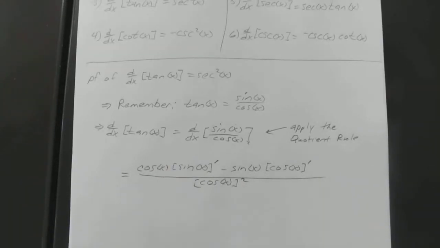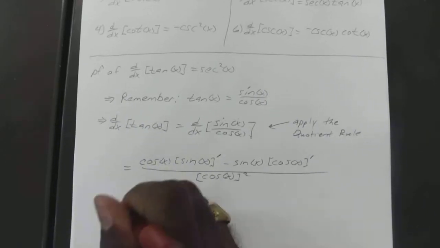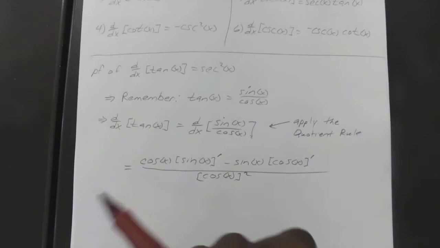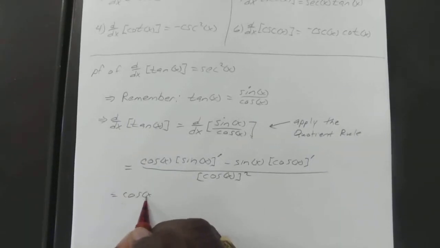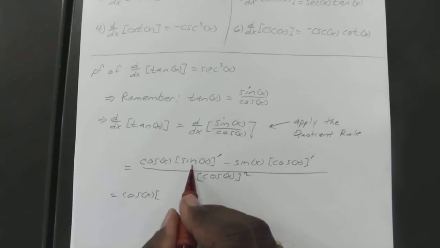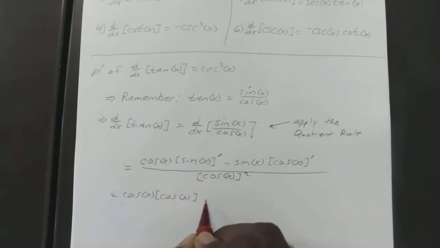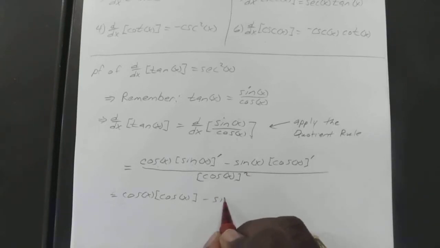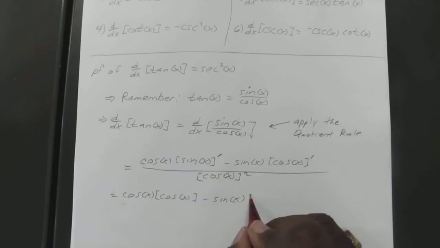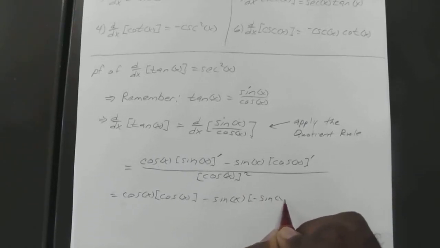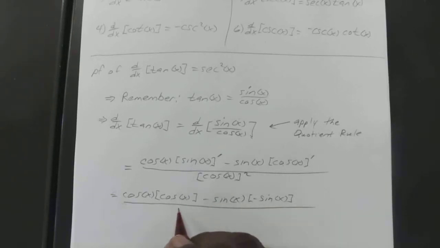That gives us cosine of x times the derivative of sine, which is cosine, minus sine of x times the derivative of cosine, which is negative sine, all over cosine of x squared.